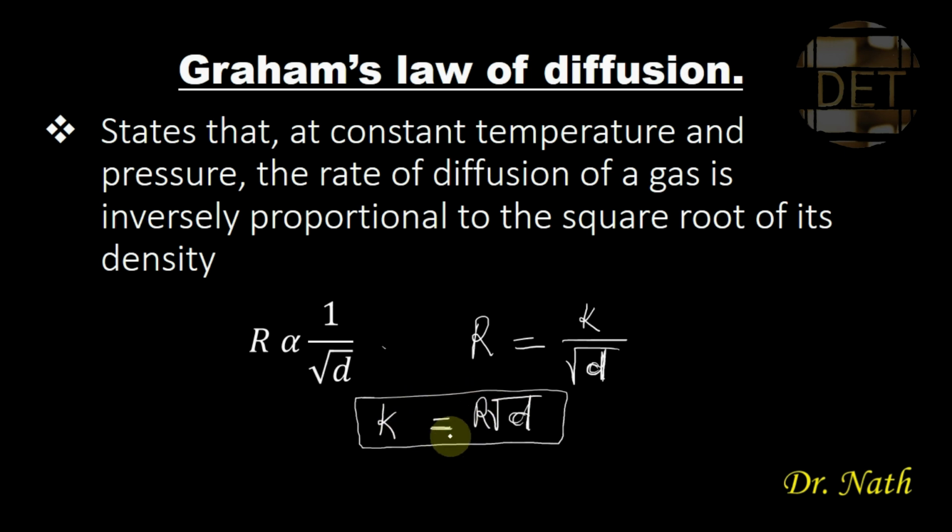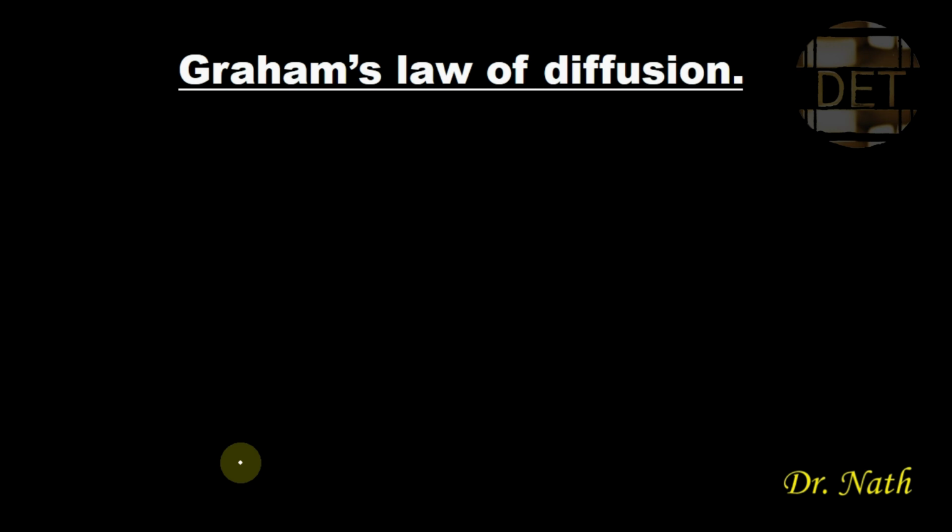This equation is very crucial and vital. Like I said before, Graham's law of diffusion states that at constant temperature and pressure, the rate of diffusion of a gas is inversely proportional to the square root of its density. To remove this sign of proportionality, we bring in a constant into the expression.